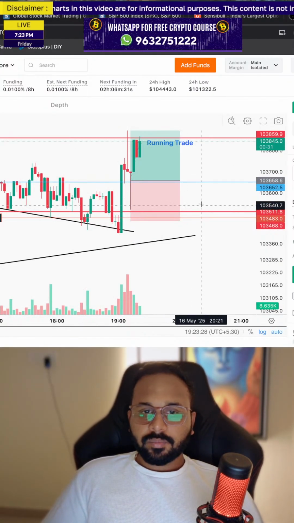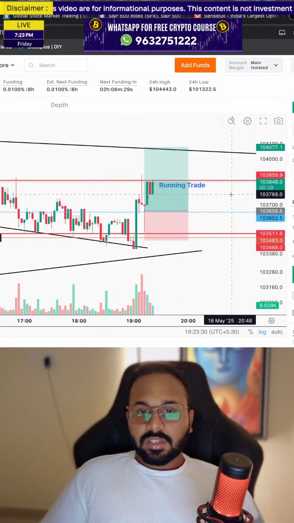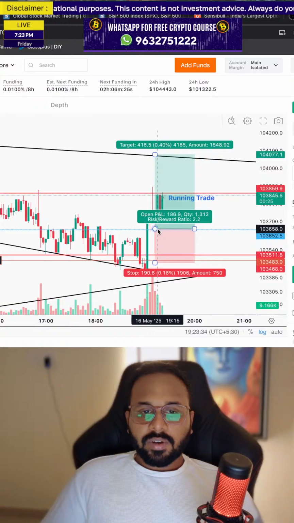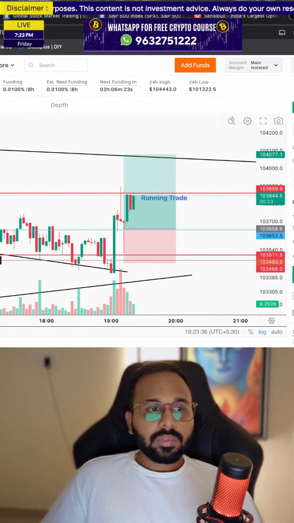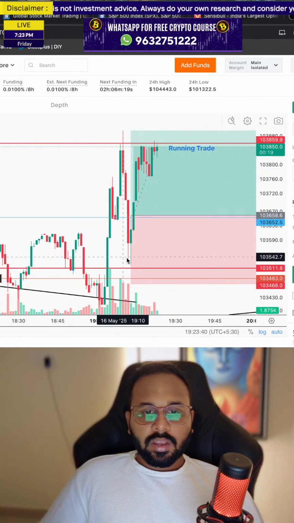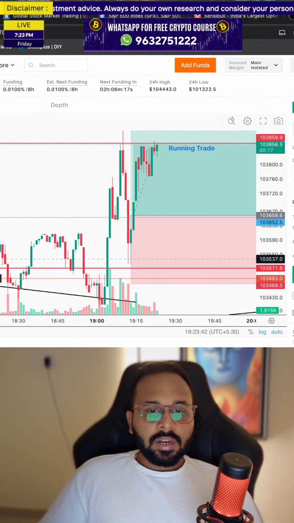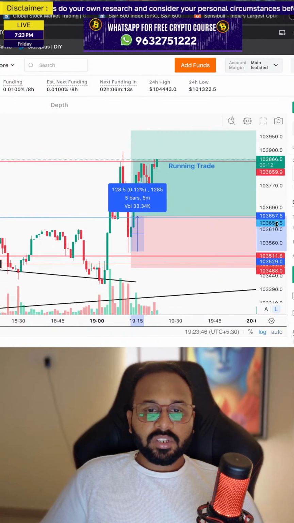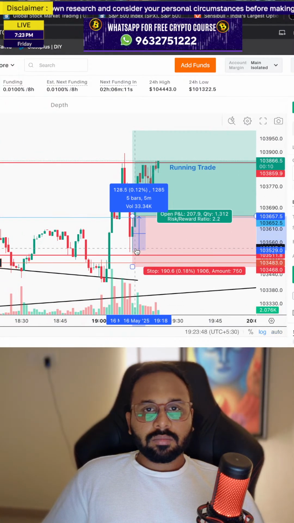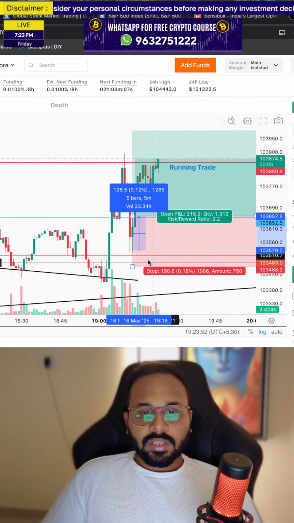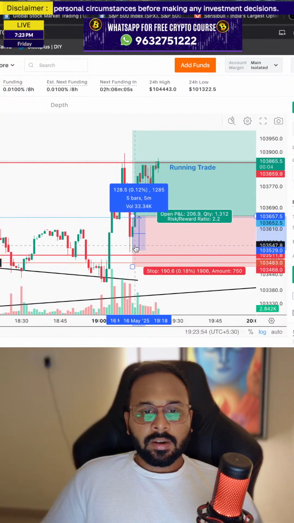Here the 15 minutes breakout has not yet been given by the market, but here we have taken the entry based on breakout and pullback; this was the zone. Additionally, I have missed out 120 points, because instead of explaining the concept, I had already entered here.